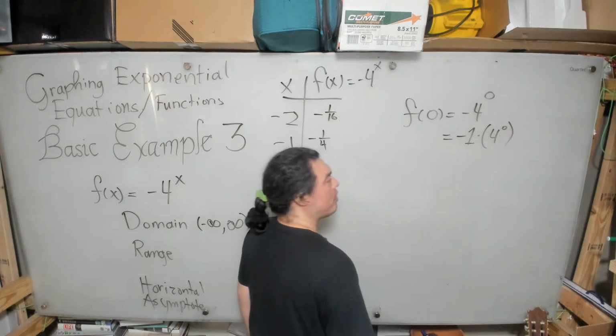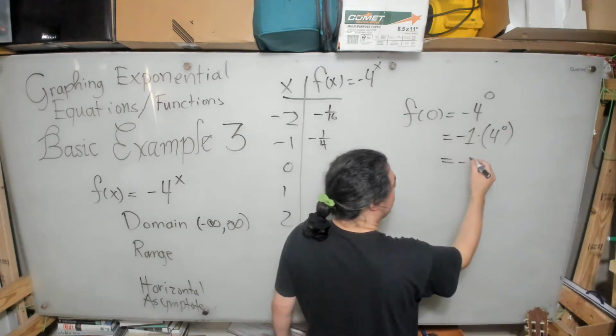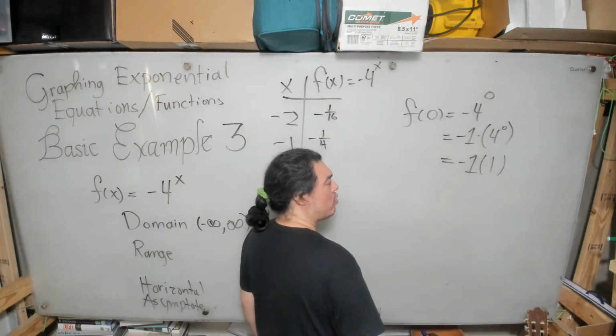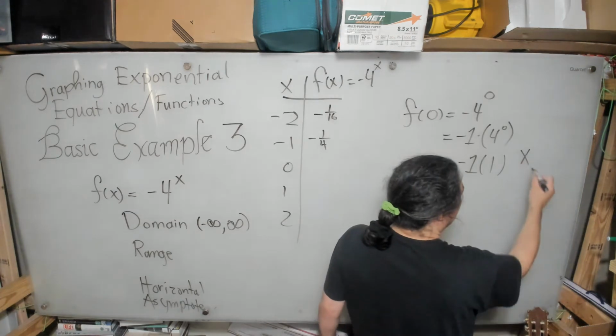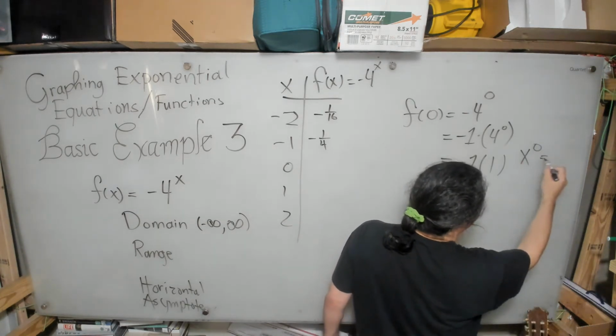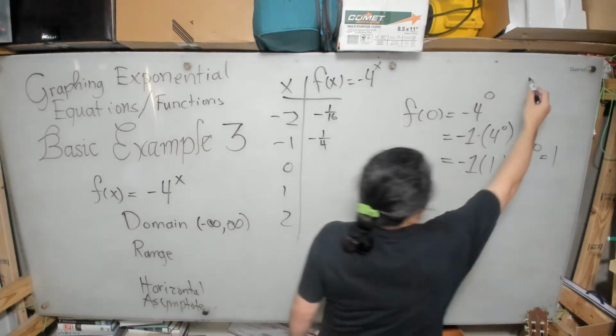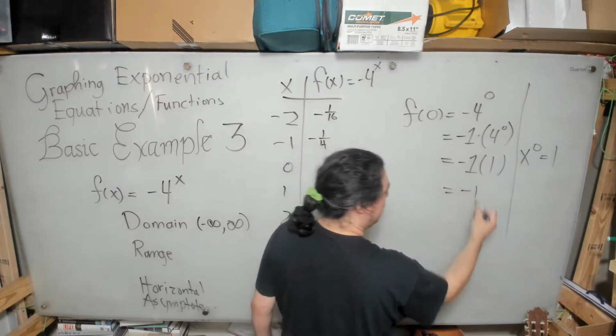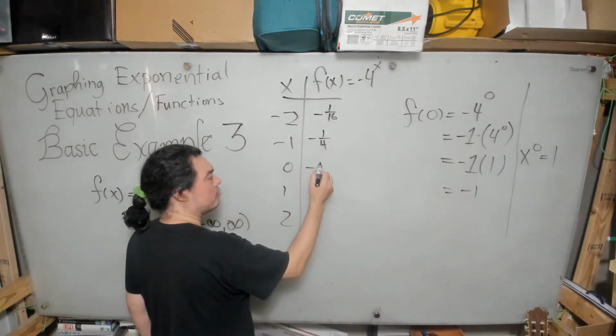What's 4 to the 0th power? That's 1. So it'll be -1 times 1. By the way, why is it 1? Because we know that for any non-zero x, x to the 0th power is equal to 1. Okay. What's -1 times 1? -1. Like this. Okay?